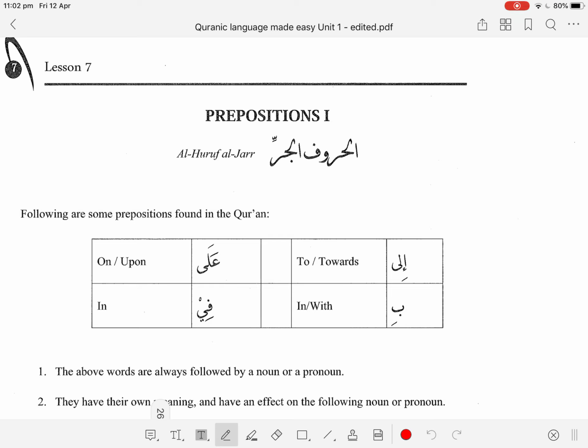So prepositions need another word to make sense. They're always incomplete when used by themselves. So we're going to do prepositions in Arabic.